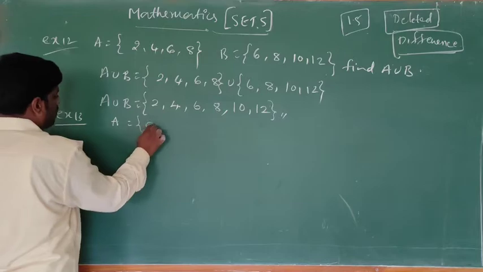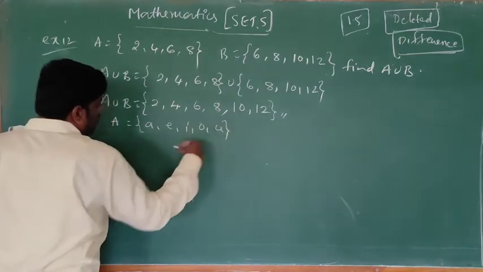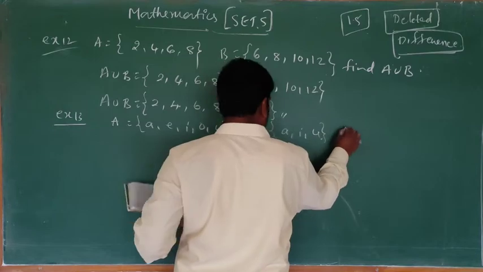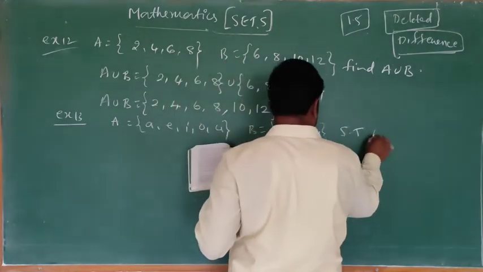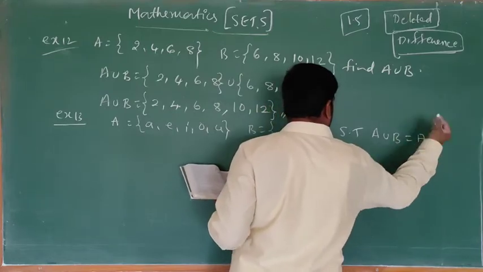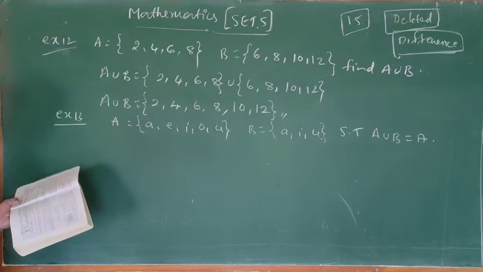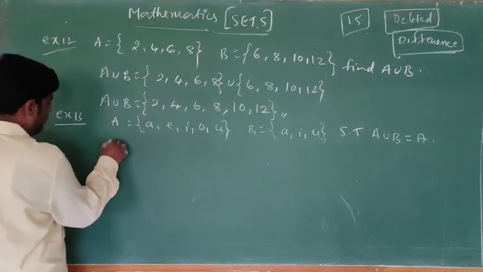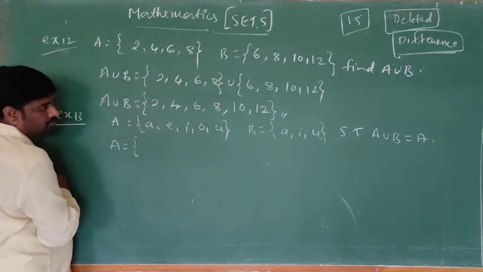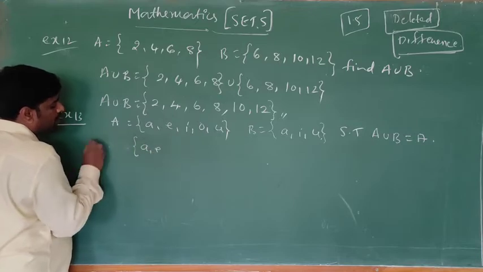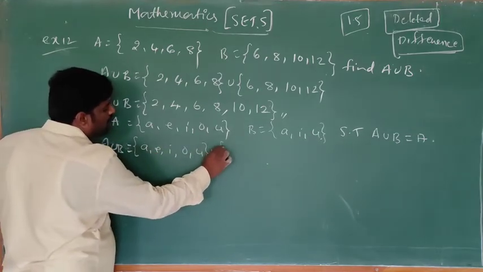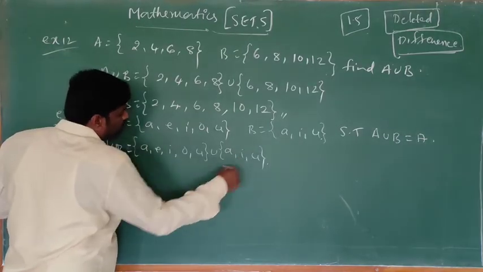If A is equal to {a, e, i, o, u} and B is equal to {a, i, u}, show that A union B is equal to A. Here A union B is equal to {a, e, i, o, u} union {a, i, u}.